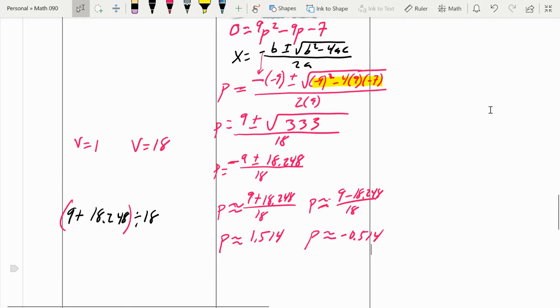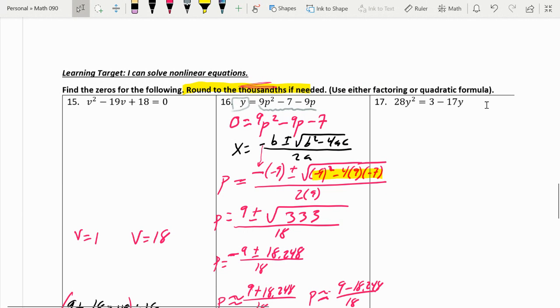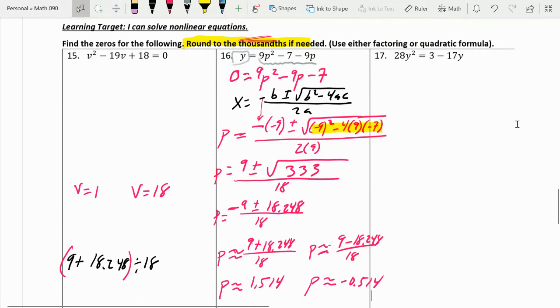Number 17. I'm just going to set 17 up, and then I'll let you guys finish it. I'll write the answer. You'll notice with 17, again, it's all screwed up. Remember, it has to equal 0. In this case, there's only one variable, not like in 16 where there was a y and a p. So what we want to do is force it to equal 0.